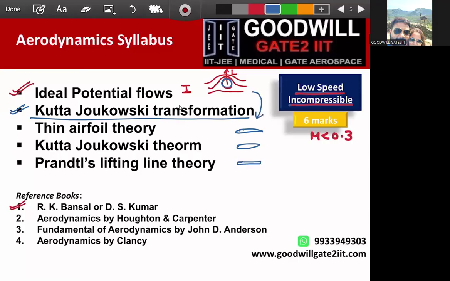You will see how the Kutta-Joukowski transformation is accomplished. And they have asked this only for 1 or 2 marks, but I'm telling you the sequence which is required. So once you know the lift generated over a cylinder, you convert this cylinder into airfoils, different shapes. And then in thin airfoil theory, you will generate lift over these airfoils.